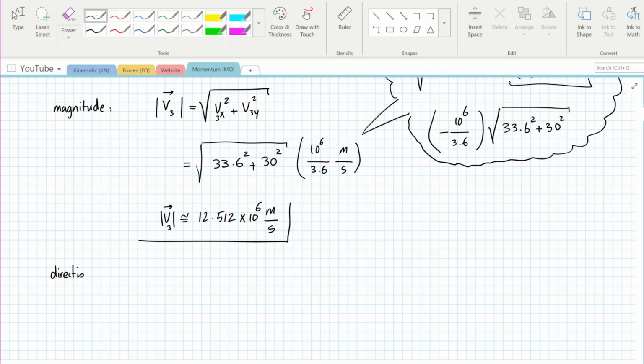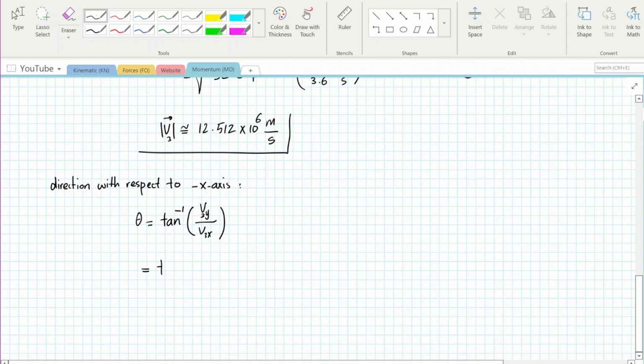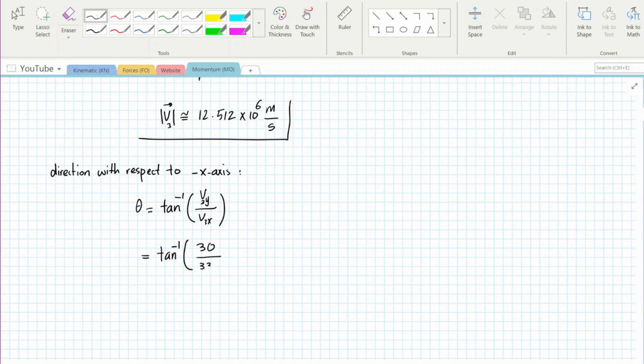And the very last part is the direction with respect to the negative direction of the x-axis. And the final angle is 41.8 degrees.